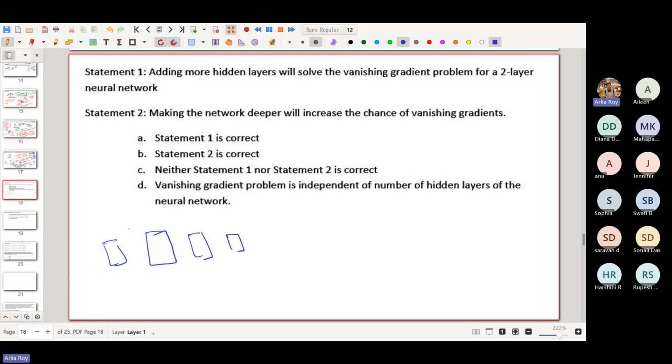If you increase the number of layers, that means you are making the model deeper. Then obviously, while backpropagating the error, the vanishing gradient problem will come. The larger the number of layers, or the deeper the model is, the more persistent the vanishing gradient problem will be.